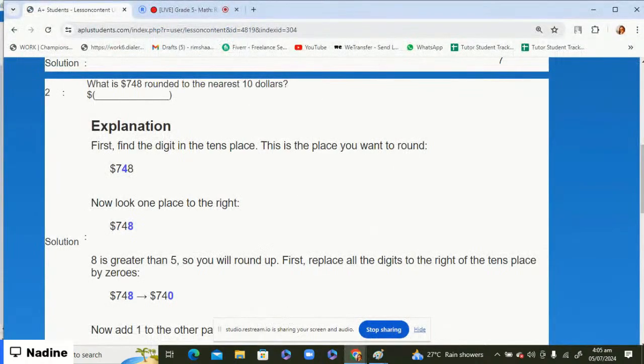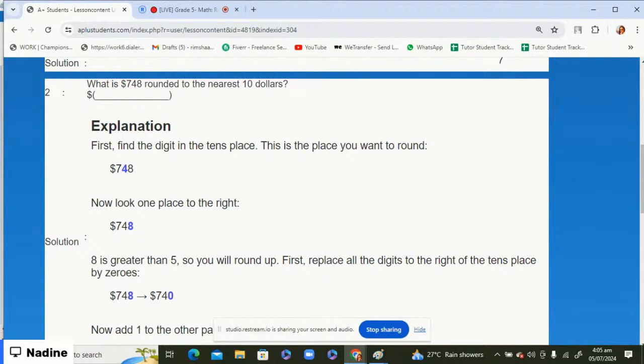Okay, so first we see which digit is in the tens place. 4 is in the tens place, because 8 is in the ones place, 4 is in the tens place, and 7 is in the hundreds place. Now this is the place that you want to round. Got it? Now look one place to the right. There is 4 and here is 8. 8 is greater than 5, so you will round up.